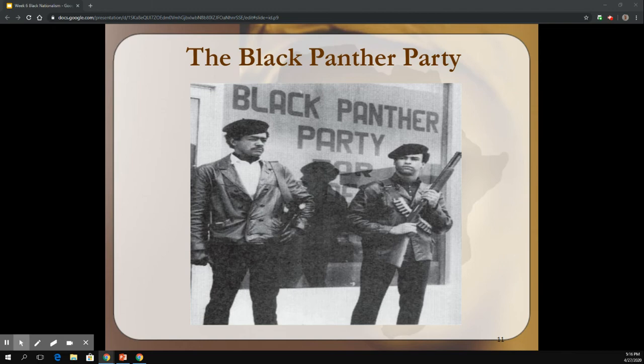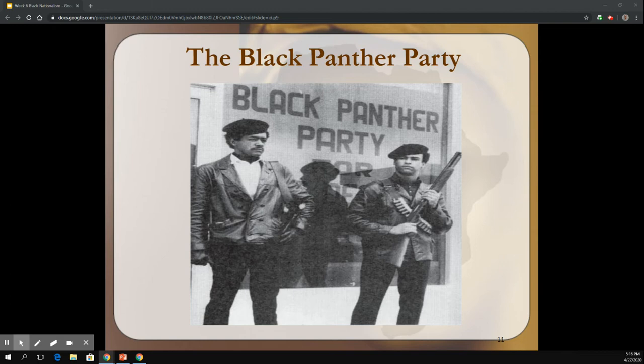The Black Panther Party for Self-Defense was created by Huey P. Newton and Bobby Seale in Oakland, California. The name of the party was taken from the Black Panther symbol of the Lowndes County Freedom Organization created by Stokely Carmichael. The organization dropped the self-defense from its name in 1968.